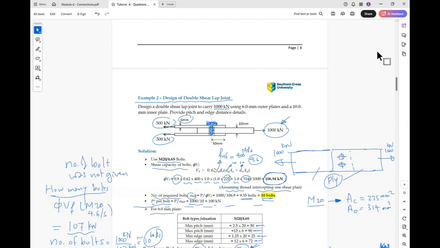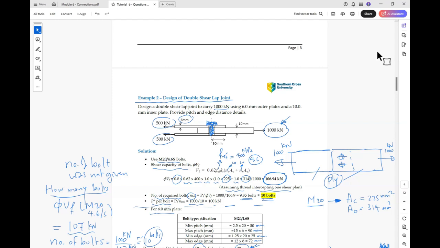But if you have a point load from dead load and live load, the combination is 1.2 G plus 1.5 Q. But there is no need to combine the point load and the uniform load together.